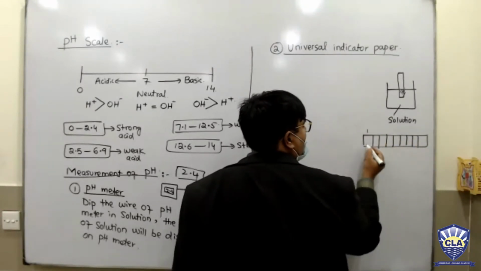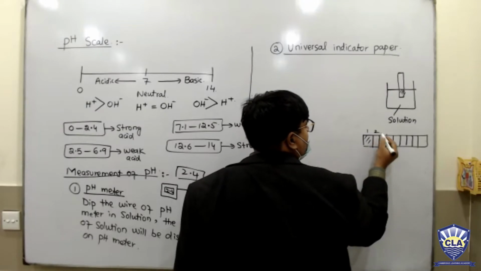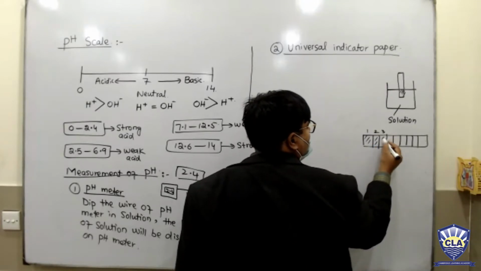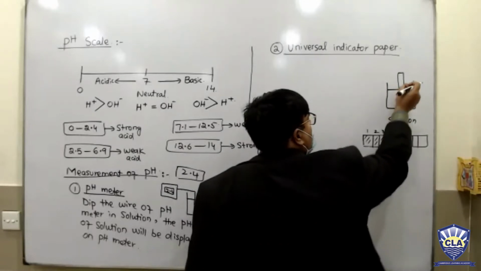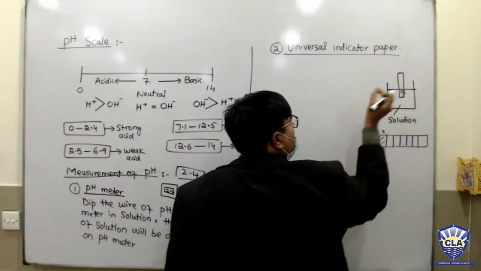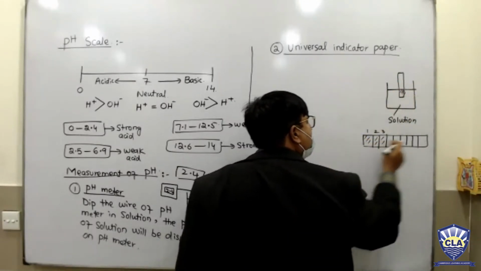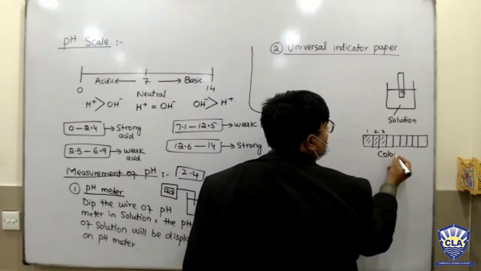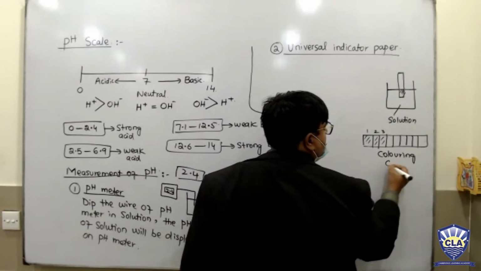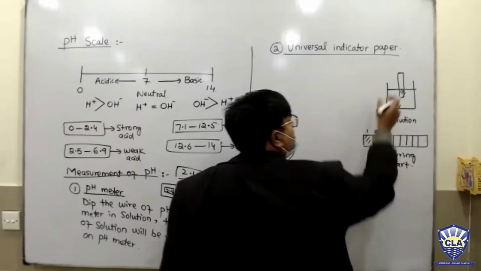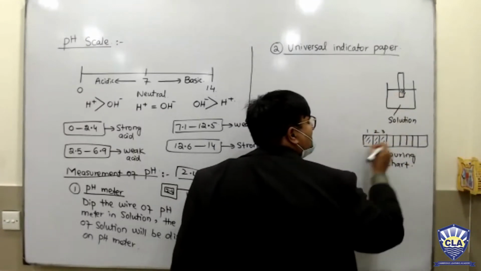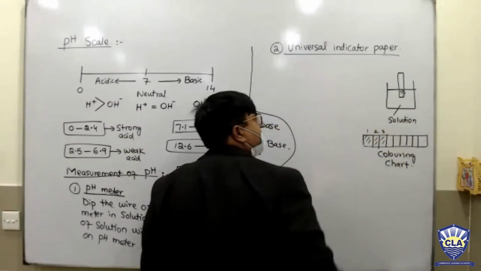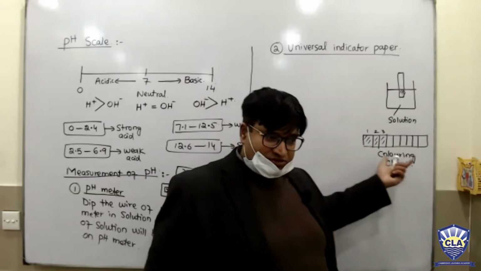Let's suppose 1 pH, there should be some color, 2 pH some color, 3 pH a different color. Now compare the color of this universal indicator paper with this coloring chart. This is the coloring chart. Okay. So where the color resembles, that would be the pH of that particular solution.